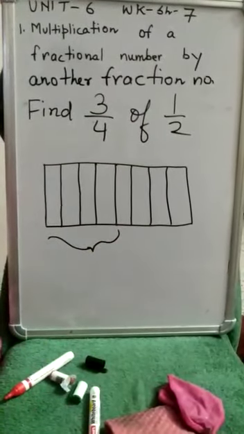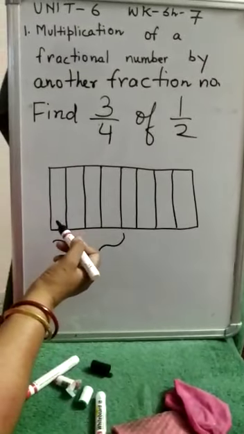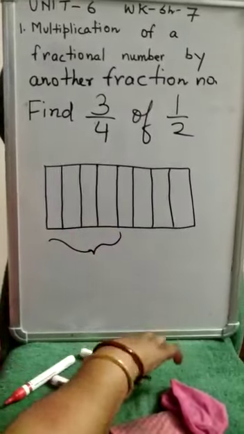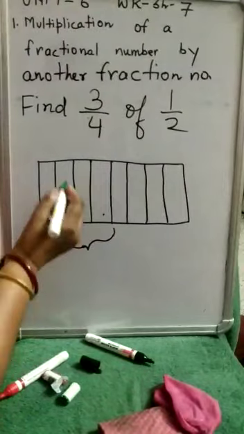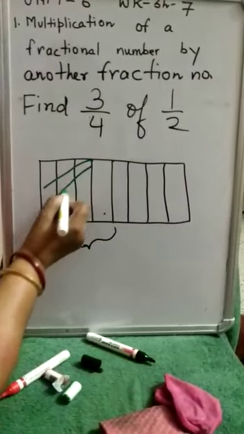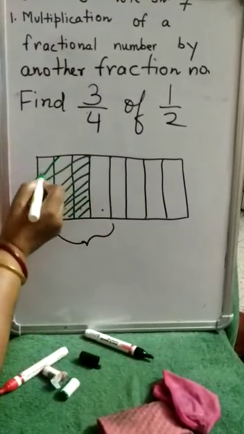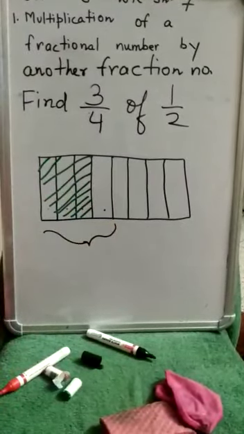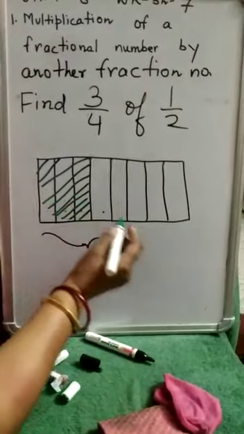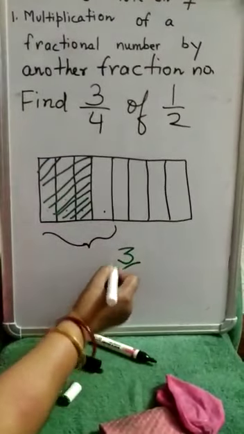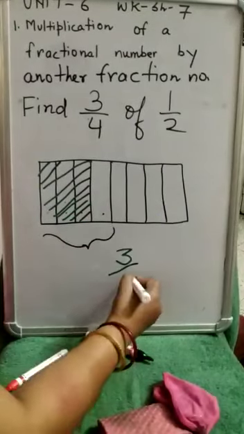Correct? It means we shade 3 parts out of these 4 parts. This is the 4 parts, 1, 2, 3, 4. So we have to shade 3 parts out of the 4 parts. So the value of the shaded part is 1, 2, 3. And the total divided parts are 1, 2, 3, 4, 5, 6, 7, 8.